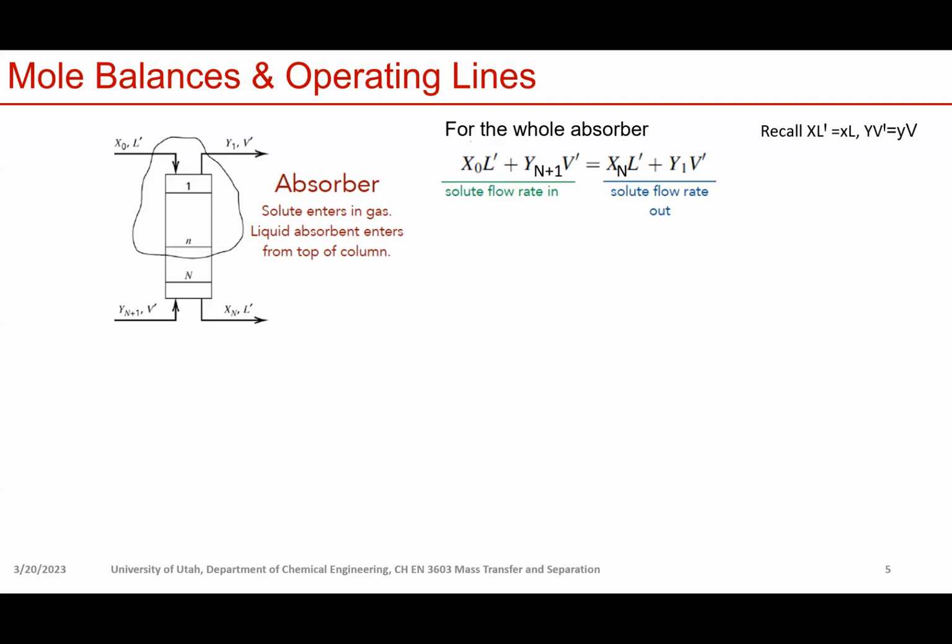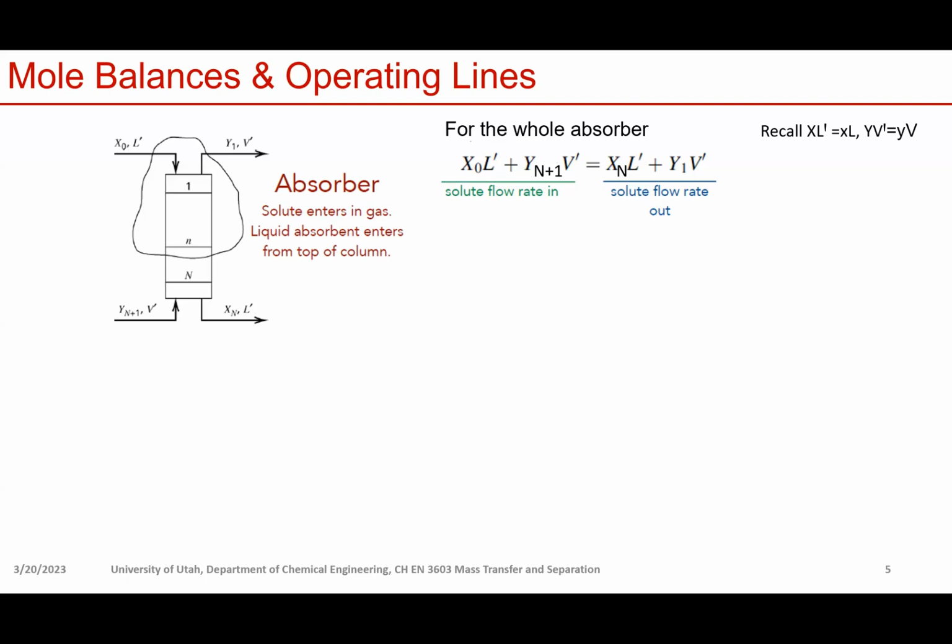That should be equal to the solute flow out. Then Xn multiplied by L prime is the solute brought away from the tower by this stream, and this is the solute brought away from the tower by this stream.